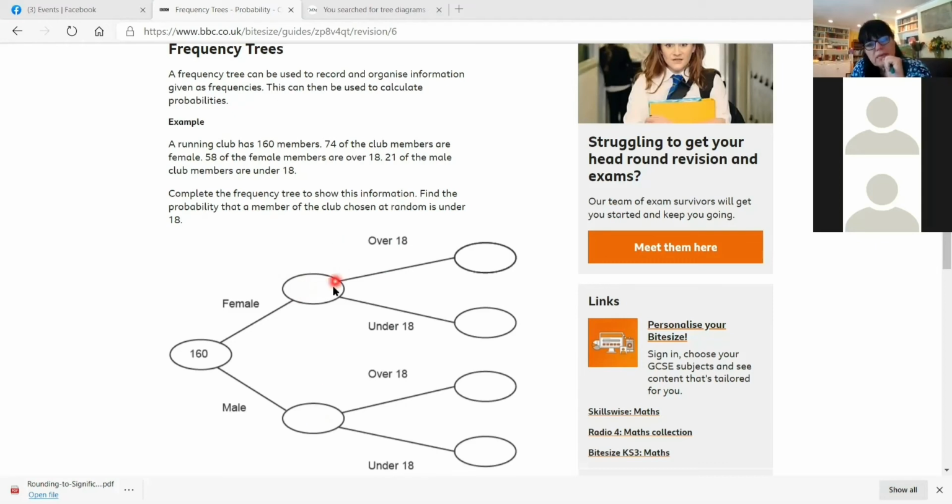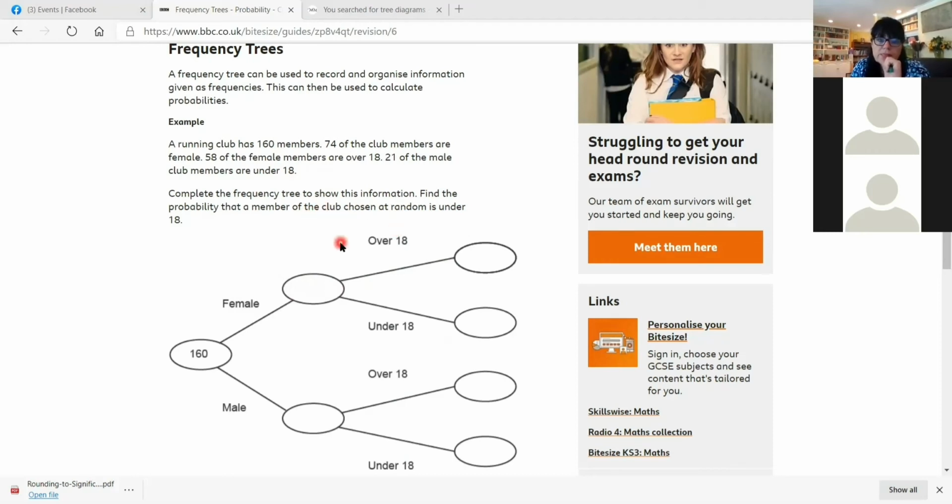But then can you see, when they give you the over 18, it's going to be the same. It's not going to be a different number. The class yesterday were confused and I had to leave them for a visitor at this point. So if they say to you, of the female members, 58 of the female members are over 18 and 21 of the club members are over 18.